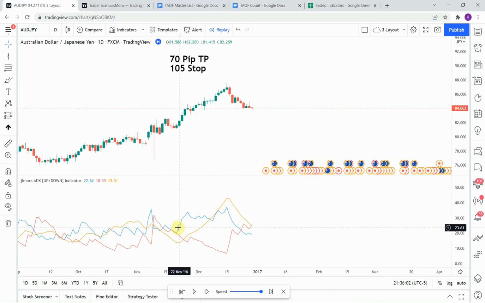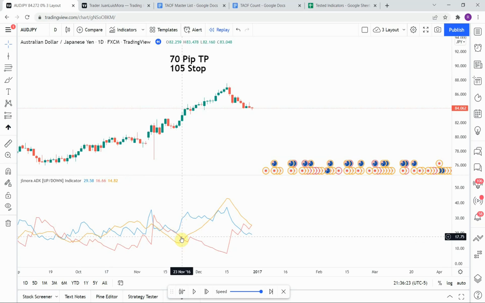And then the blue line and the red line are switching from a positive ADX and a negative ADX. So blue is a positive, red is a negative. Basically, blue you can think of as short-term pressure to the long side.